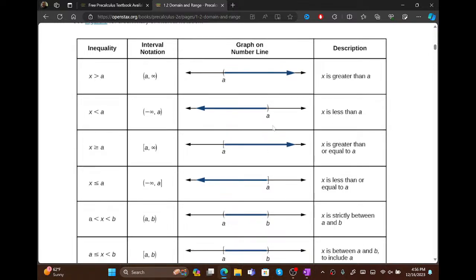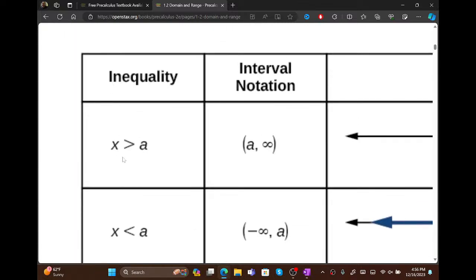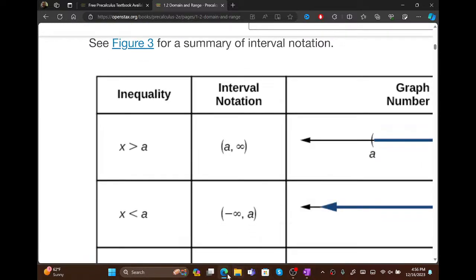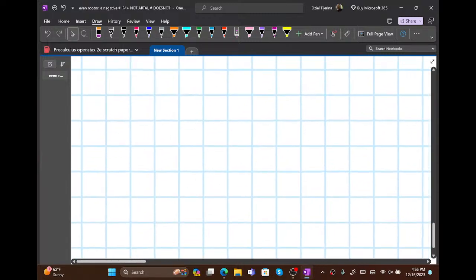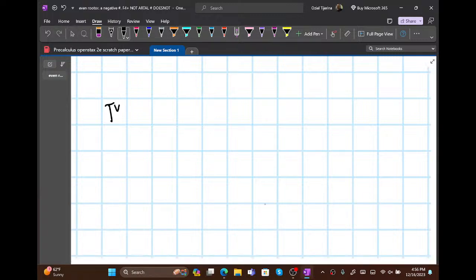The first thing I want to go over is this part here. We say this as x is greater than a. I'm just going to try to define each of these in my own words: the types of intervals.